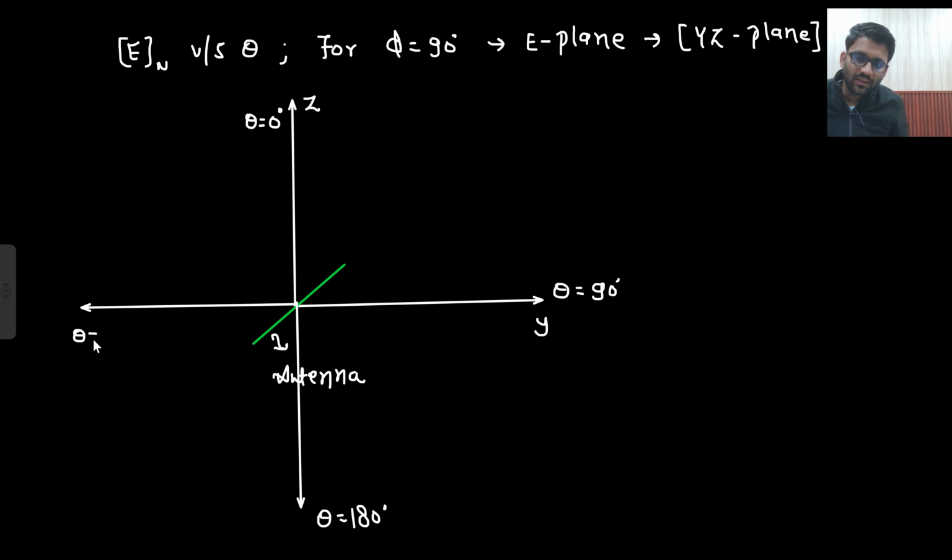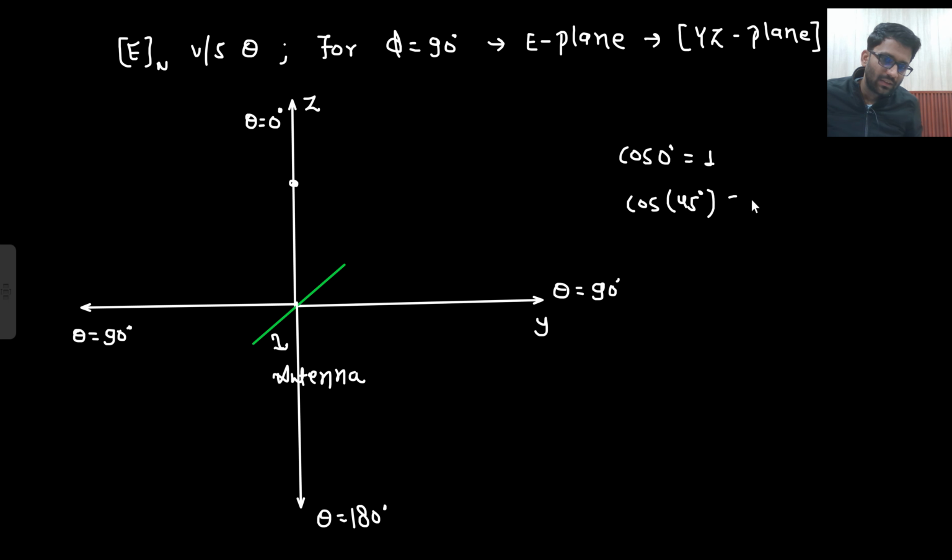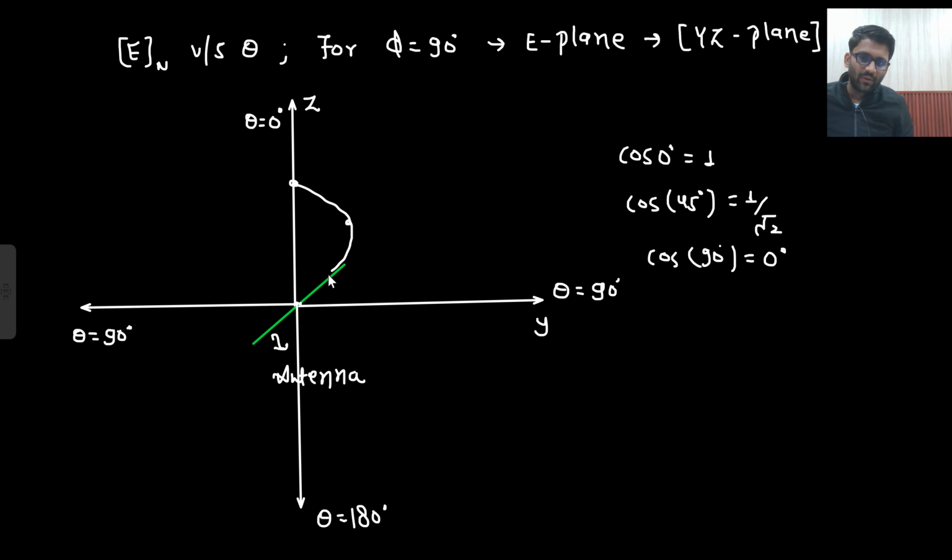So at 0 degree you are getting the maximum value, because cos 0 degree is 1, cos 45 degree is 1 by root 2, and cos 90 is 0. So here you are getting maximum, then this value, and then this value. So this kind of pattern you will be getting.